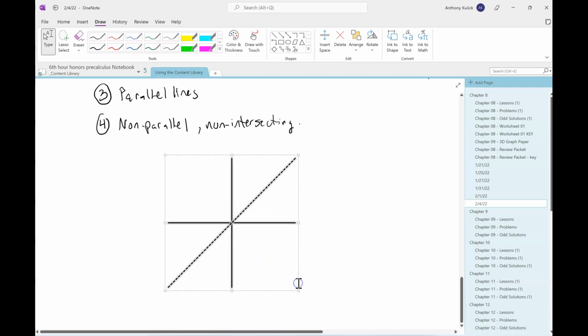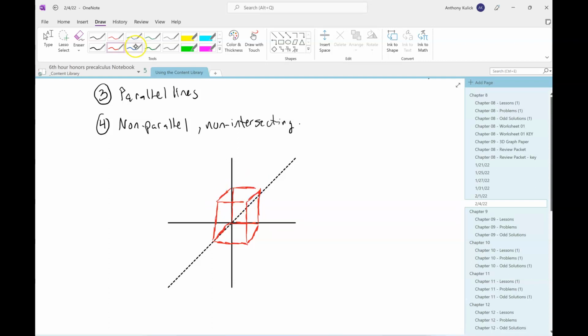So just to give you an idea, say that we have two lines. One line is in this plane here, and the other line is in this plane here.